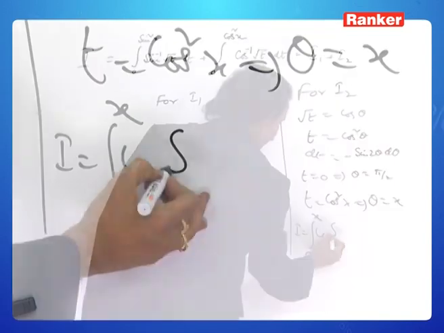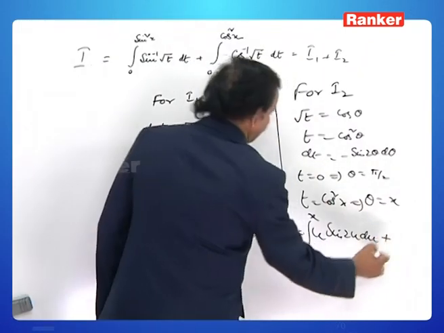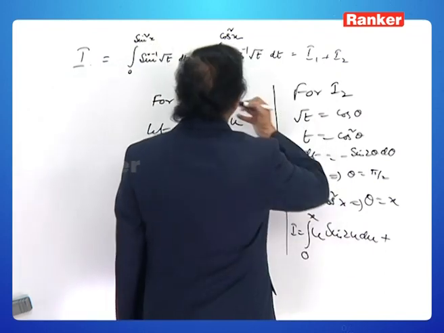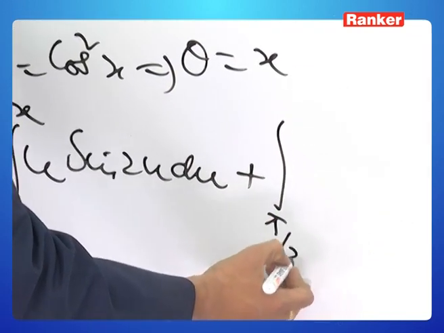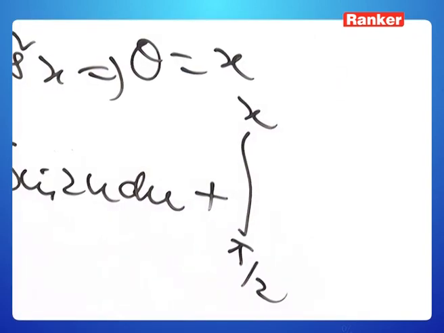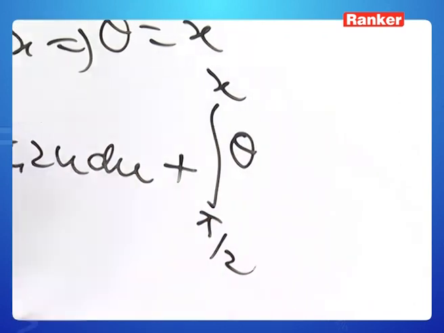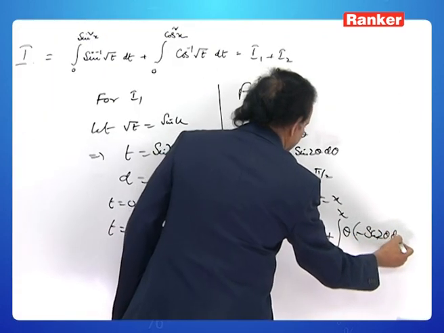Sin 2u du. Plus, for I2, what happens? Instead of 0 to cos square x, we have to write pi by 2 to x, cos inverse root t, cos inverse of cos theta, that is theta, dt is minus sin 2 theta d theta.